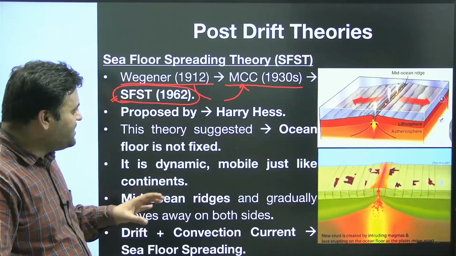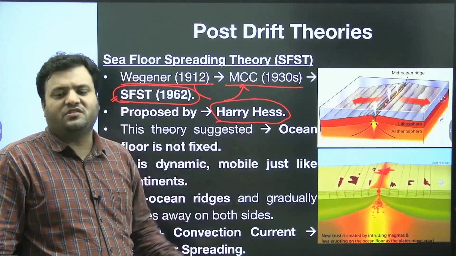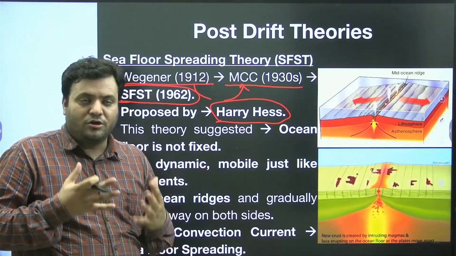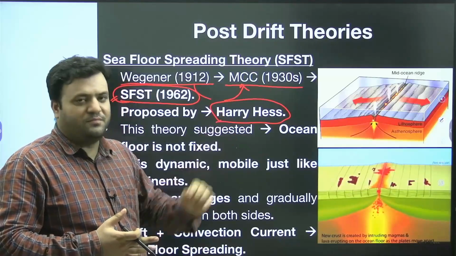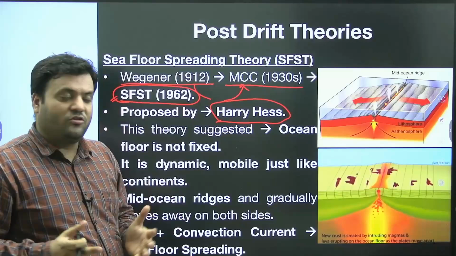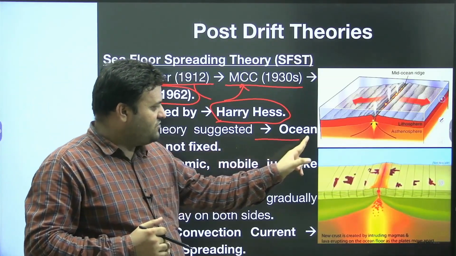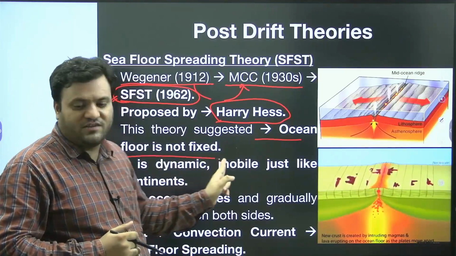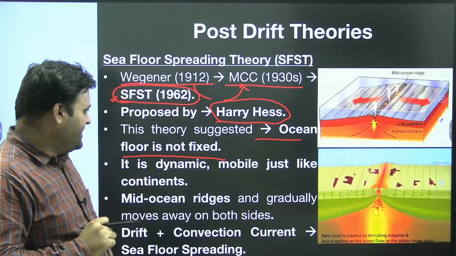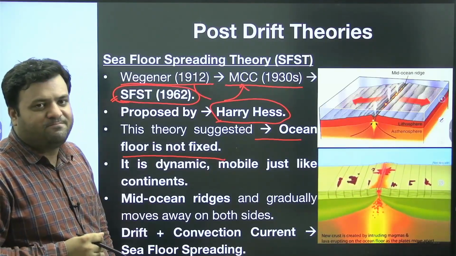This particular theory was proposed by Harry Hess. He suggested that the ocean floor is not fixed. The ocean floor is not permanent, while it is dynamic in nature, just like continents. How can we say this?